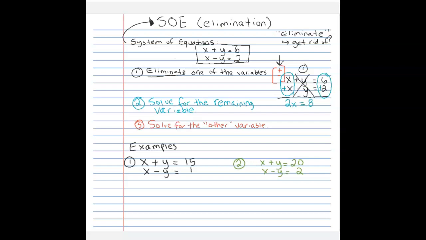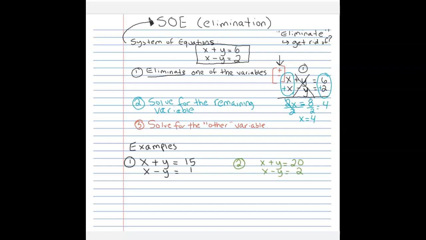This equation just got a whole lot easier. We got rid of one of the variables, so now we just have one equation. What we're going to do here is the opposite of multiply, which is divide. So x equals 8 divided by 2, which is 4.